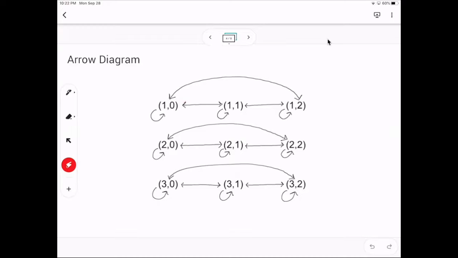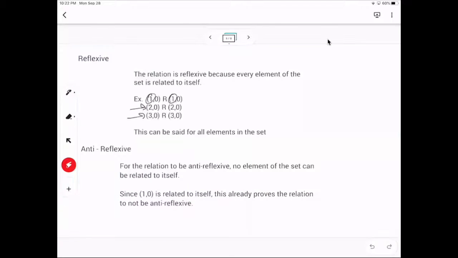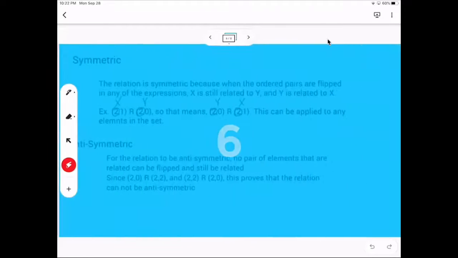And we can see that all of the elements in this relation have the arrows pointing both ways, which means that all of these elements are related to each other when the order of the elements is flipped.